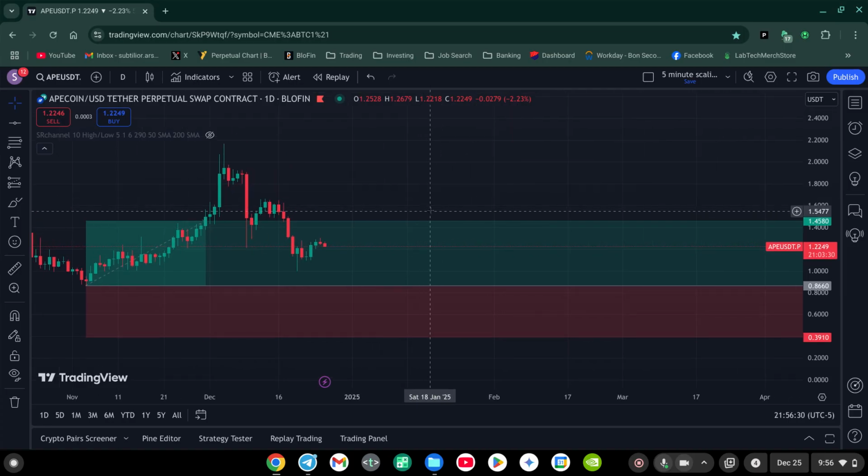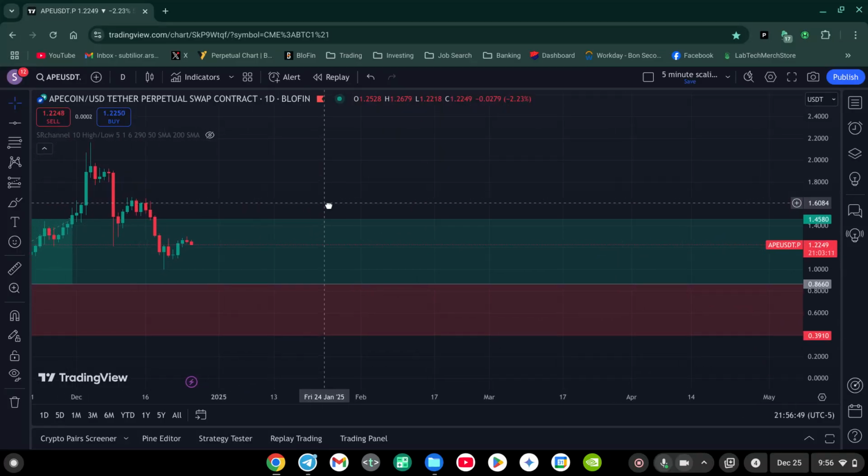We're purchasing, opening longs, purchasing at a certain price as it goes up, and then as it goes down, we're selling just slightly higher than we bought, all the way down. And that's how grid trading works.